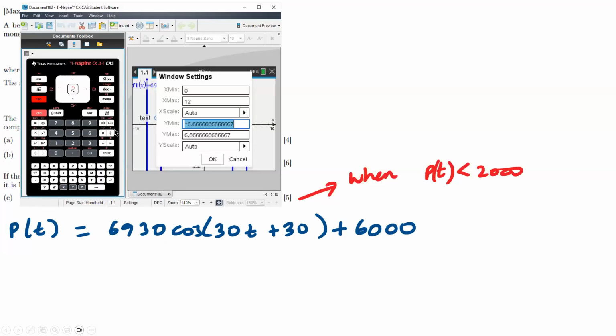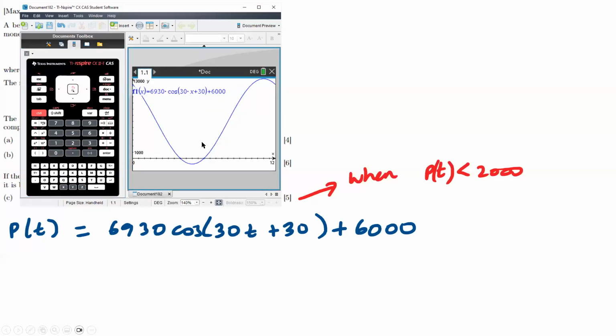So for the y maximum, we do know that if we put 13,000 here, we'll see the top of the graph, because the top of the graph is going to be at 12,930. I should put this back to auto. For the y minimum, it's going to be at 6,000 minus 6,930. So for the y minimum, for example, if we put negative 2,000, we'll know we're going to see the bottom of the graph. So just pressing OK, we get a good look at the profit function now.